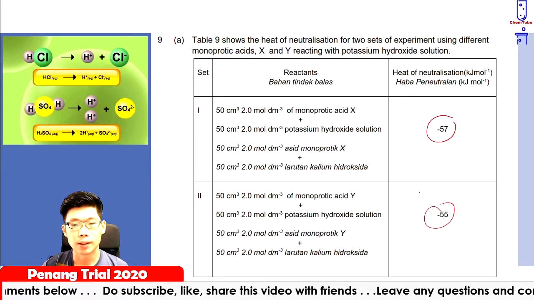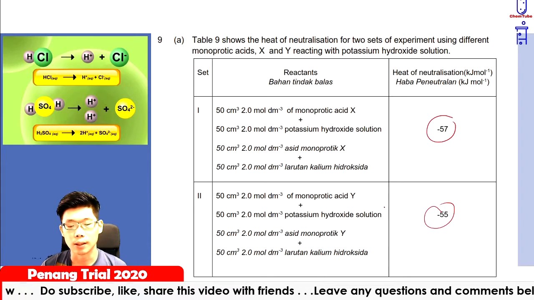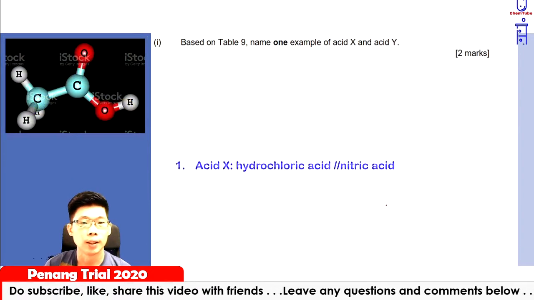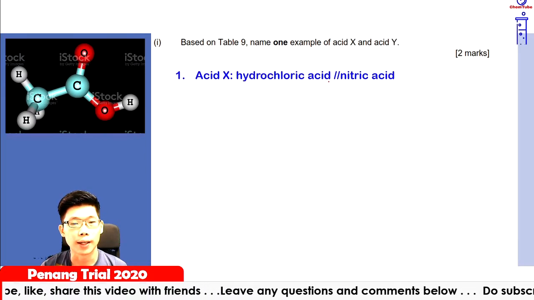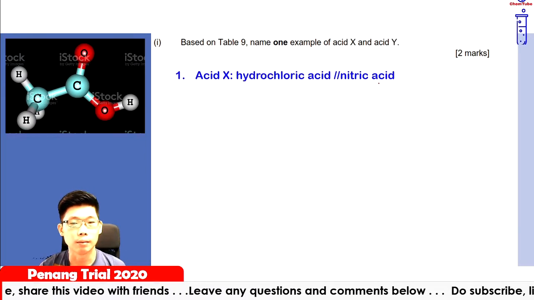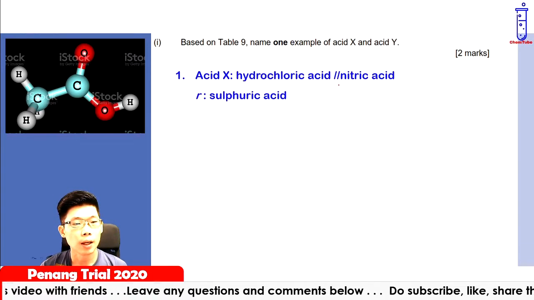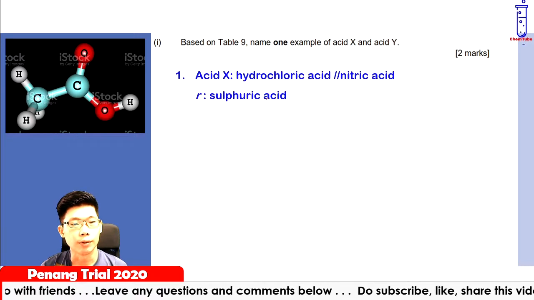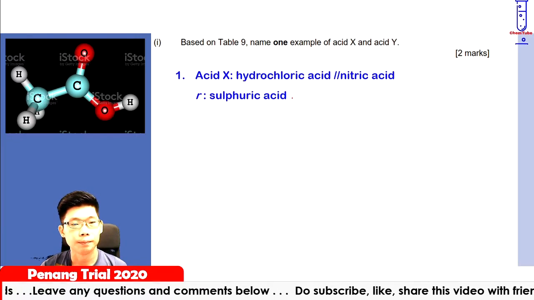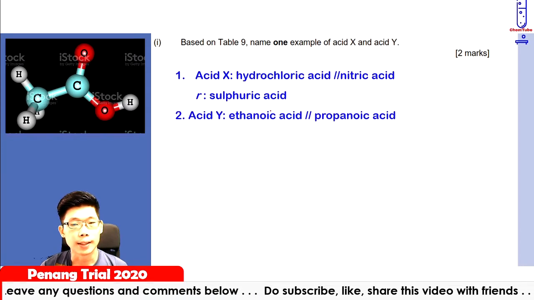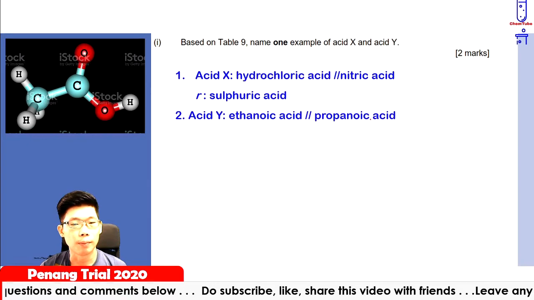In other words, X is a strong monoprotic acid. Y is a weak monoprotic acid. So here we can suggest that acid X is hydrochloric acid or nitric acid. Both are strong monoprotic acids. If you write sulfuric acid, it is wrong, because sulfuric acid is a diprotic acid. Acid Y is a weak monoprotic acid, for example, ethanoic acid or propanoic acid.